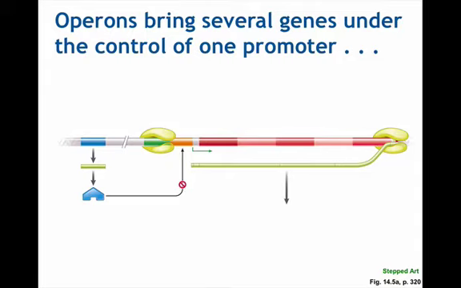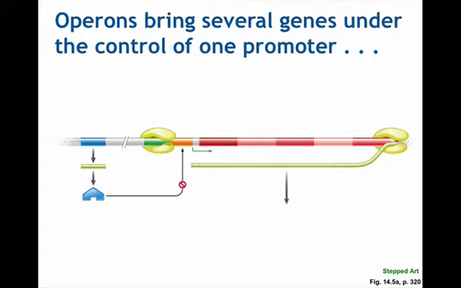Now we need to talk about operons. Operons are really cool because in bacteria, sometimes, if you need one gene product, you need a bunch. If you need one, you might need 3 or 4.